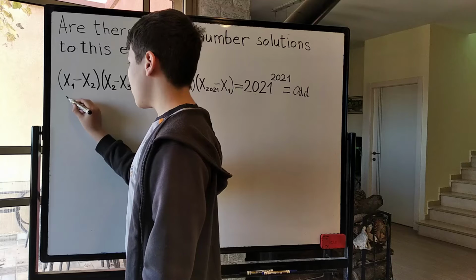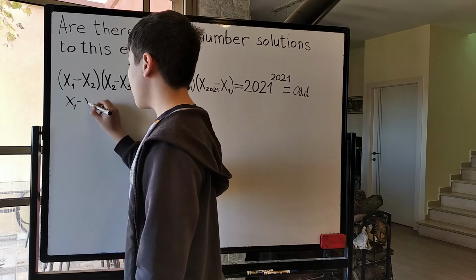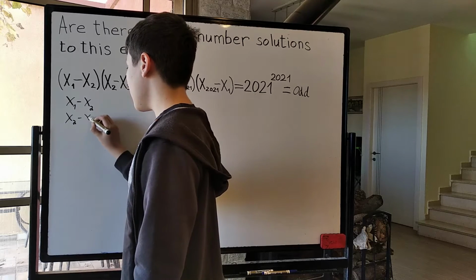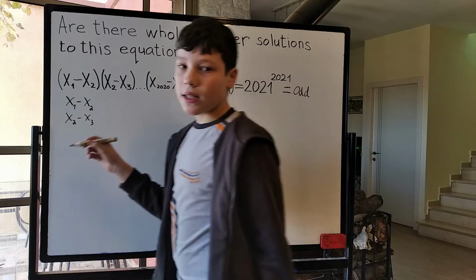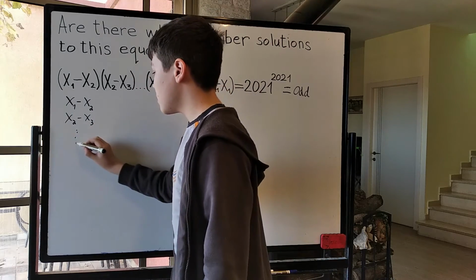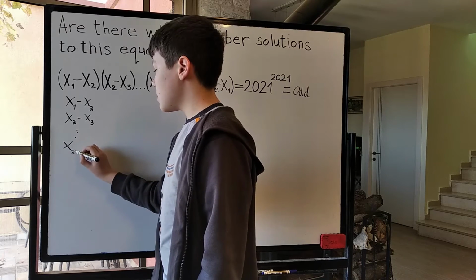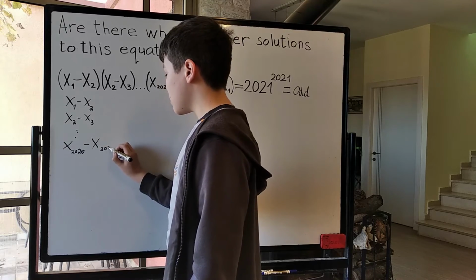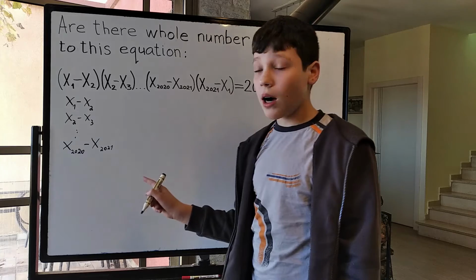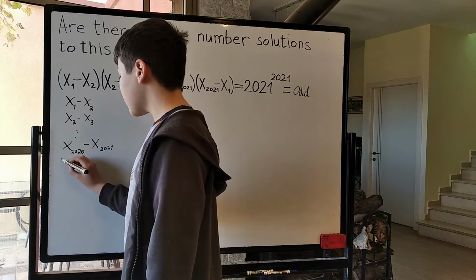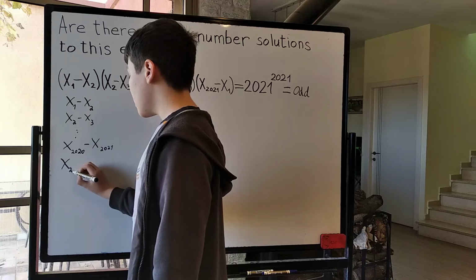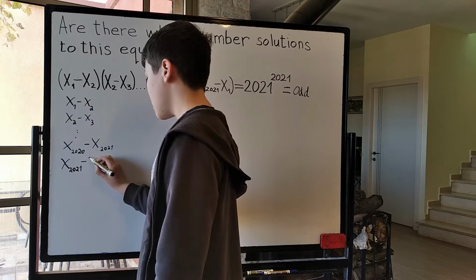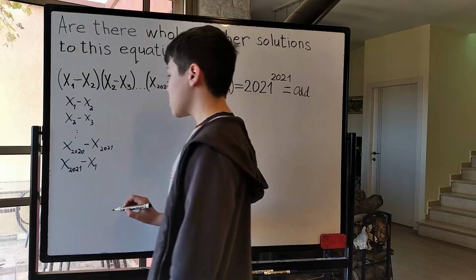So we'll have x1 minus x2 is odd, x2 minus x3 is odd, x3 minus x4 is odd, dot dot dot, x2020 minus x2021 is also odd, and then finally x2021 minus x1 is also odd.